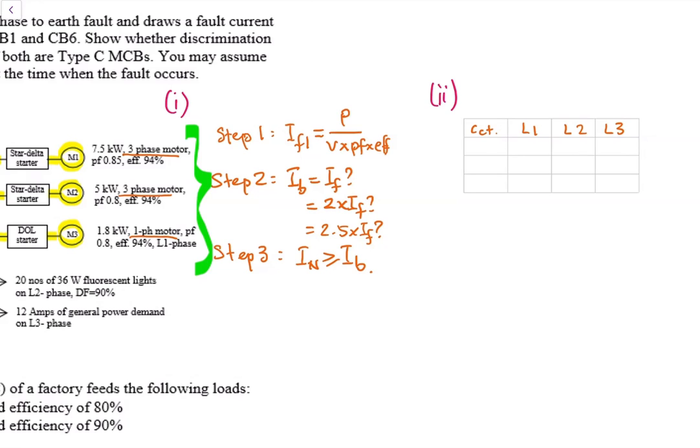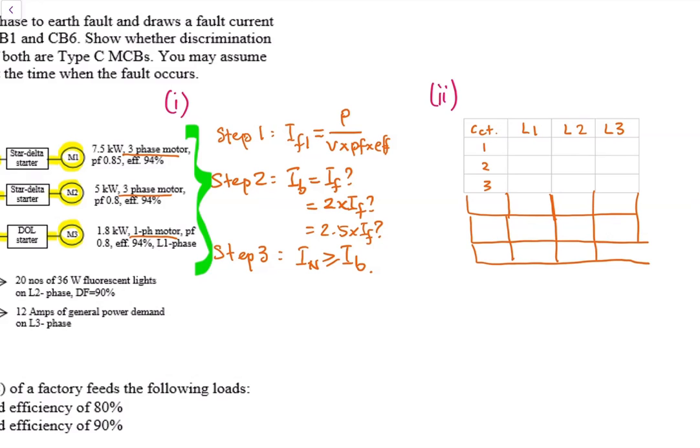So let's say we call this circuit 1, 2, 3, circuit 4, and we can extend, circuit 5 and circuit 6. You can extend this way as a table. Then we want to know the maximum demand. What is the total maximum demand for this place?